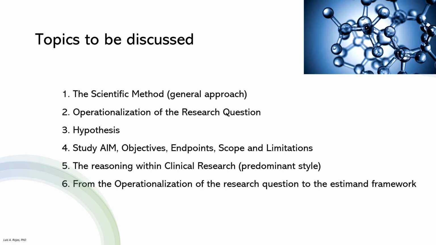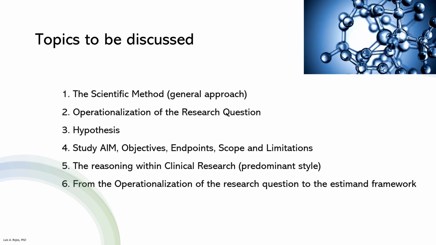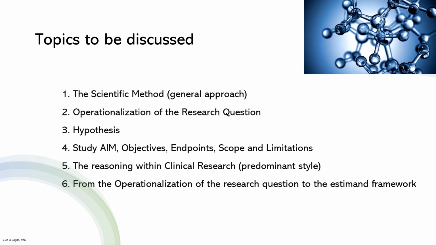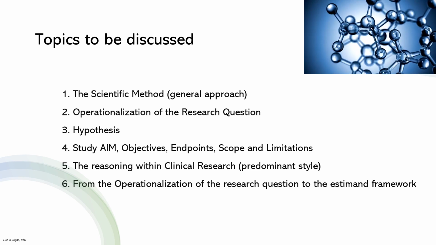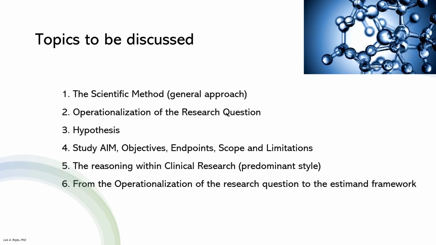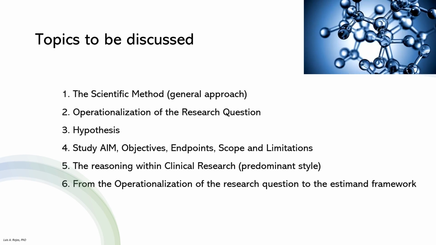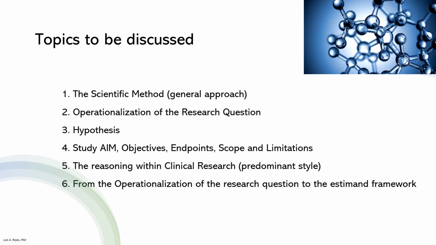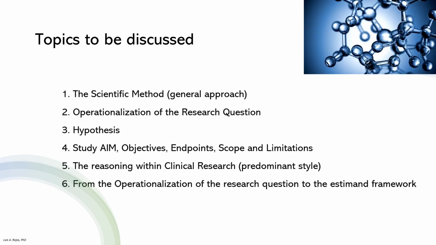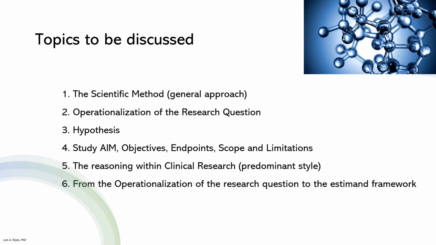Thirdly, we will discuss hypotheses, a key component in the operationalization of the research question. Finally, we will discuss other important definitions like the study aim, objective, and endpoints, the scope and limitations in clinical research, and briefly describe the predominant philosophical epistemological style in clinical research before we start connecting the scientific method with ICH E9R1.